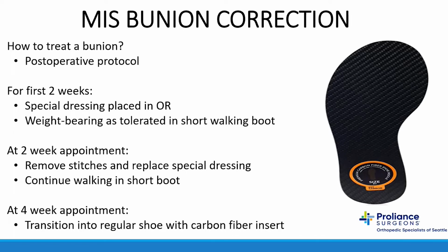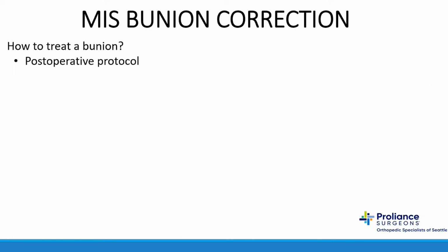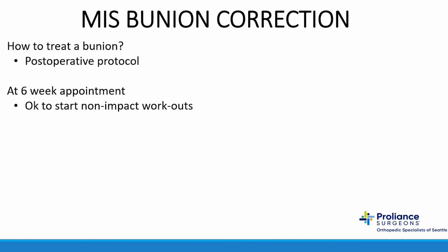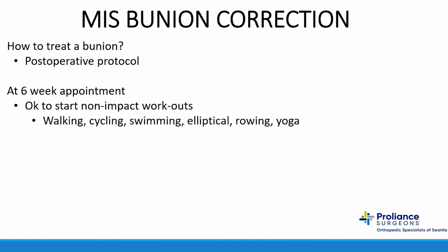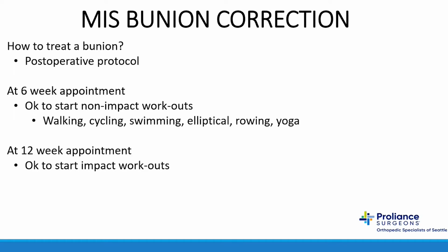What that does is it shields your big toe and protects it as it's continuing to heal. And then at 6 weeks, they start letting you do non-impact type workouts. These are activities like cycling, walking, swimming, elliptical, rowing, yoga. And then at 12 weeks, you're cleared to start impact type activity.